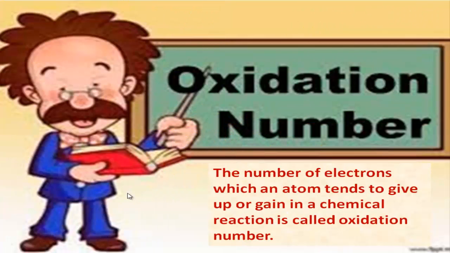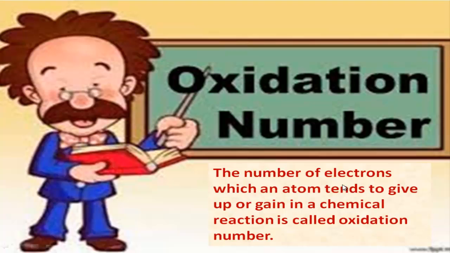The number of electrons which an atom tends to give up or gain in a chemical reaction is called oxidation number. We know that in a chemical reaction, bond formation occurs. A new bond is formed through the breaking of old bond.